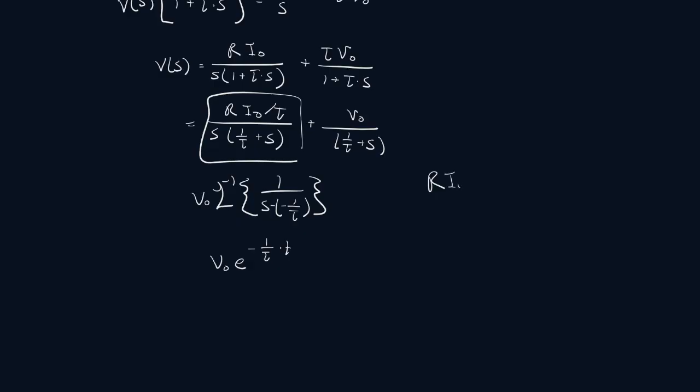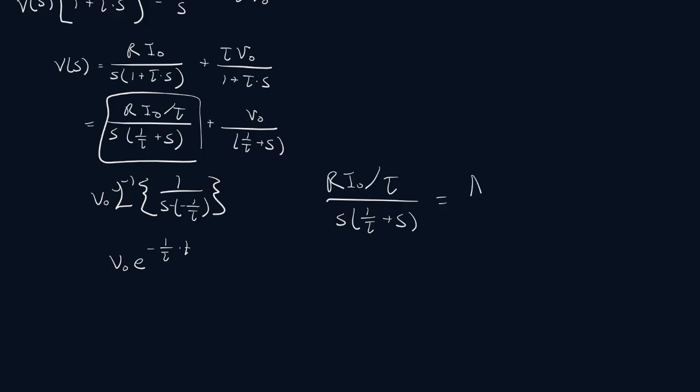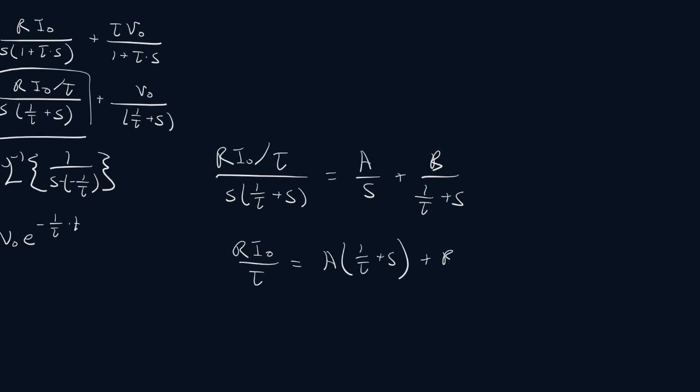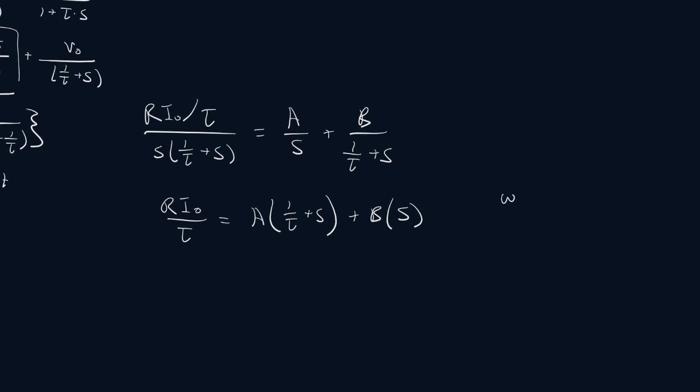So we have R IO all over time constant all over S times 1 over time constant plus S. That will be equal to A over S plus B over 1 over time constant plus S. Times everything by this value, so we'll have R IO over the time constant is equal to A times 1 over time constant plus S plus B times S.